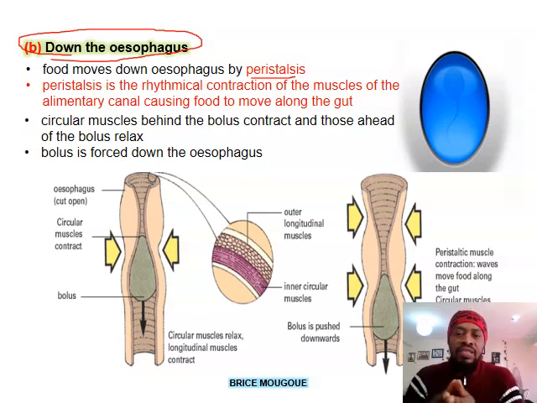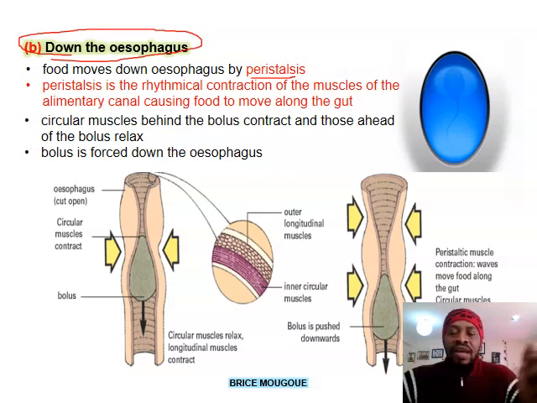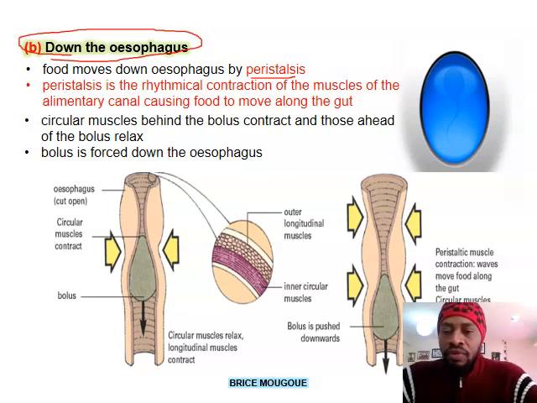That's how food is moved down the gut, by reflex action. When food gets into the esophagus, you don't have control over it again. Everything here occurs involuntarily. That's why the muscles that surround the alimentary tract from the esophagus downwards are made up of smooth muscles, which function as involuntary muscles.